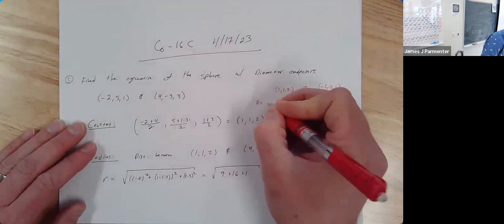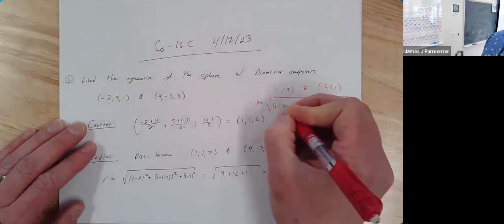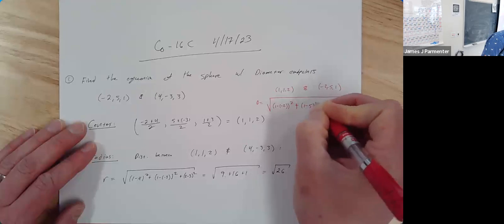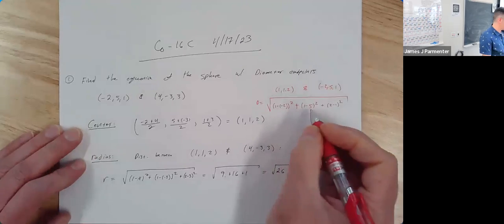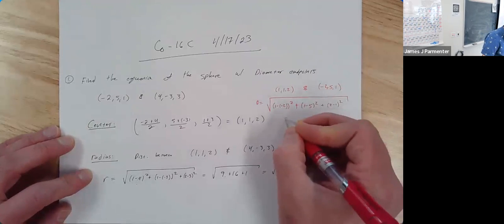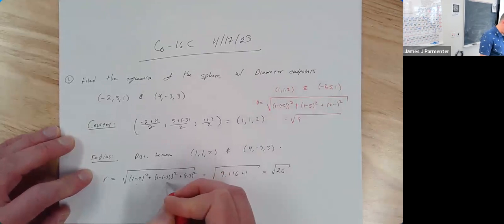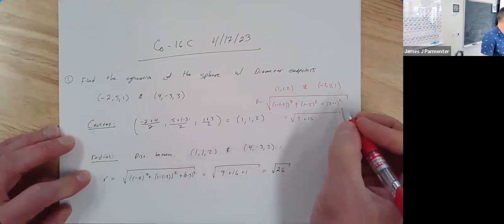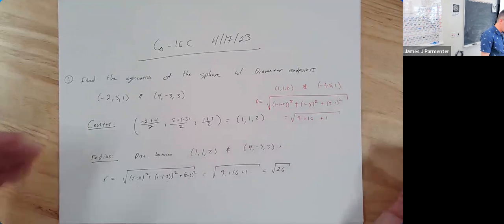That distance is going to be the square root of 1 minus -2 squared plus 1 minus 5 squared plus 2 minus 1 squared. You'll notice that each of these is the opposite sign before we square them. Here it was -3 squared, here it's going to be +3 squared. Here it was 4 squared, here it's going to be -4 squared. And here it was -1 squared, here it's going to be 1 squared. So that should always work out to be the same no matter which point you pick.